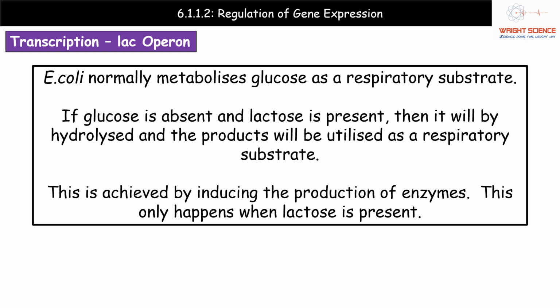In that scenario, if glucose isn't available, but another sugar, lactose, is present, then E. coli hydrolyzes the lactose, because lactose is a disaccharide, remember, and the products from that hydrolysis reaction are then going to be used as respiratory substrates. The way we can do this is by producing certain enzymes, but these enzymes are only going to be made when lactose is present.